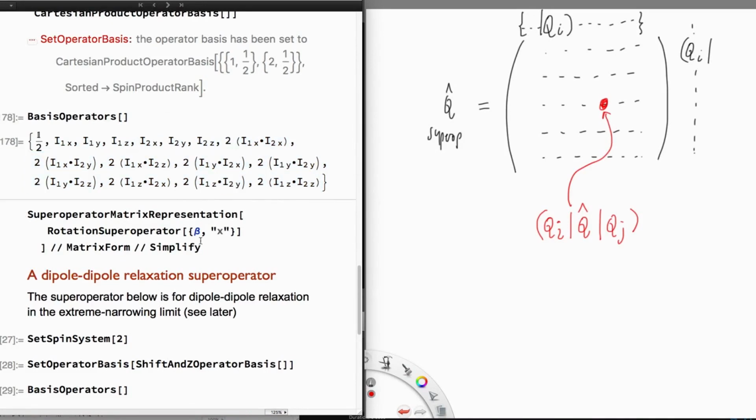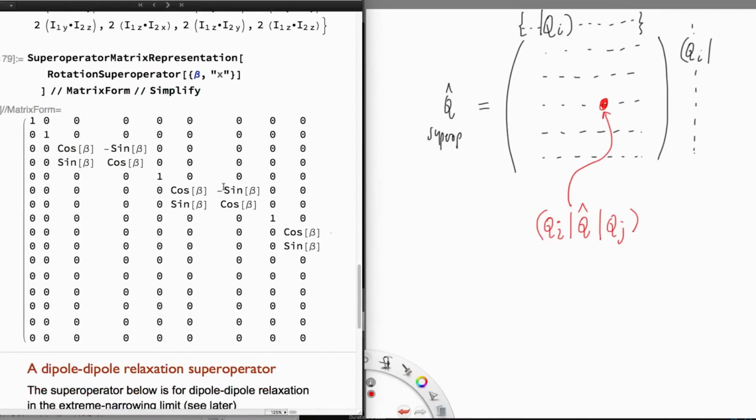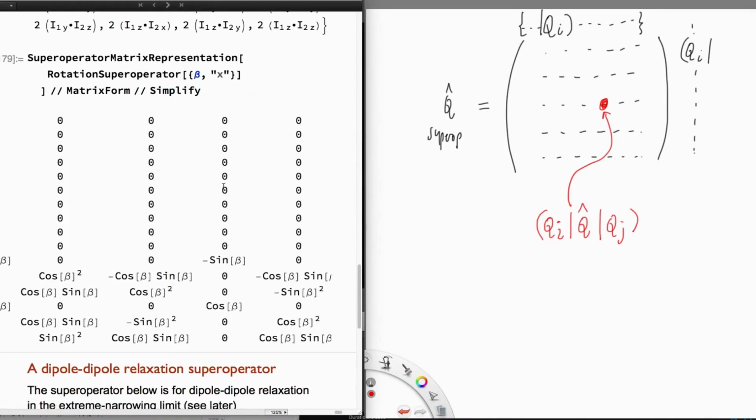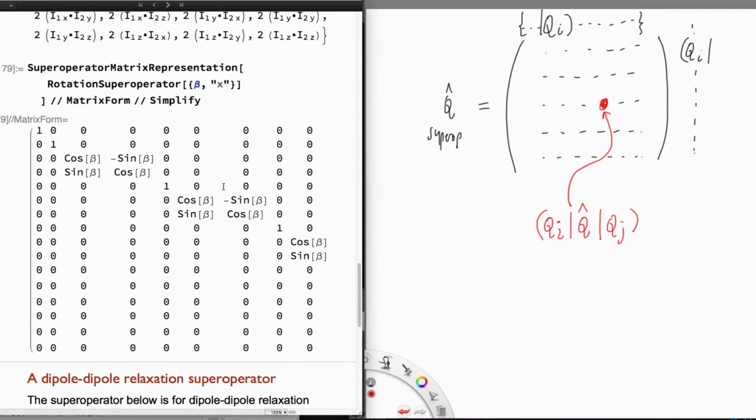And again we can ask, what is the rotation superoperator? What's the matrix representation of that? And now we get a larger matrix, 16 by 16. But you can see it contains all of these little subspaces which represent the rotations of operators with respect to each other in that space.